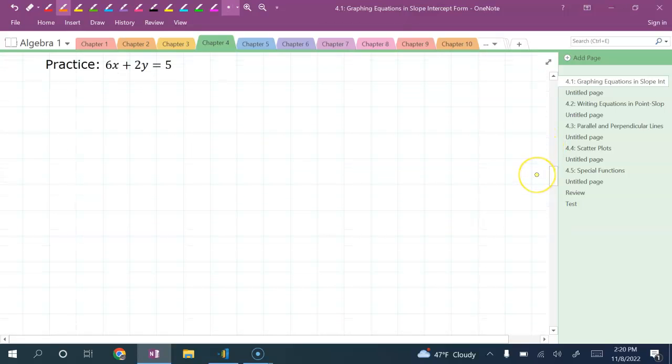Okay, so here's the second practice problem. If you haven't given this one a try, I would go ahead and take a minute or two and try to do this one on your own before you continue watching this. So again, I need to start by trying to solve for y first. So I'm going to subtract 6x from both sides.